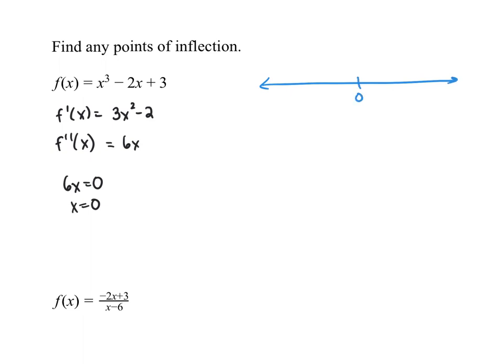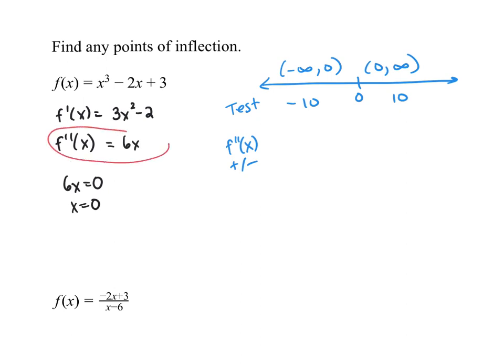So I'll do my sign chart based on that 0 of the second derivative, and I just want to make sure it does go from negative to positive or positive to negative. So if I pick some test points, negative 10 and 10, and I plug those into the second derivative and figure out if it's positive or negative, that will give me a good idea if I have concave up or down and an inflection point.